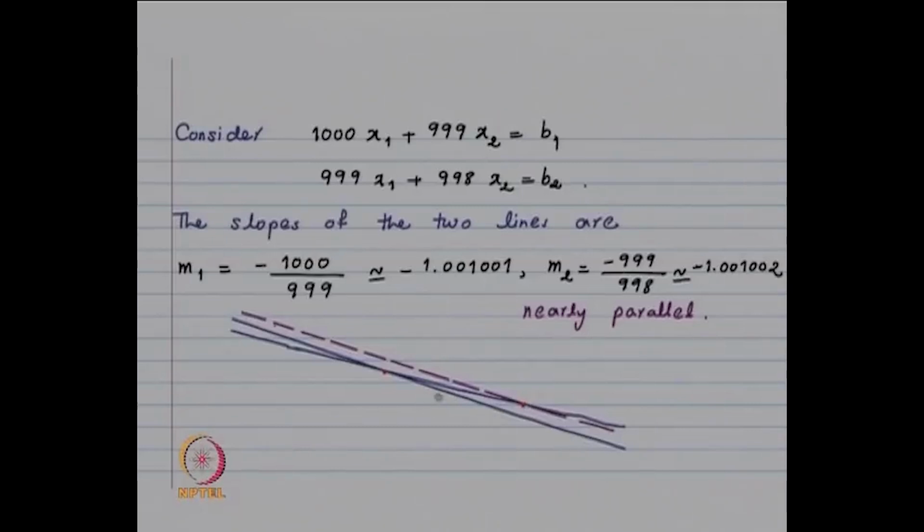So, there is a lot of change, and that is the geometric interpretation of ill conditioning: we had two straight lines almost parallel. So, when I take a slight change in the right hand side, it changes my solution completely.